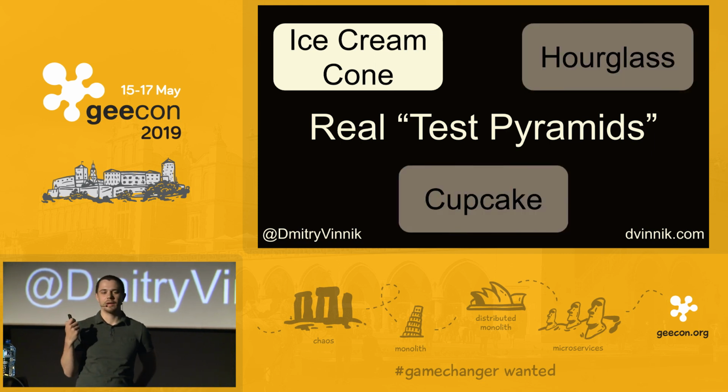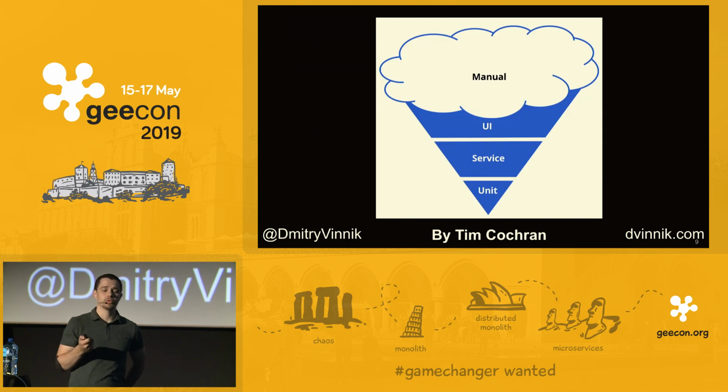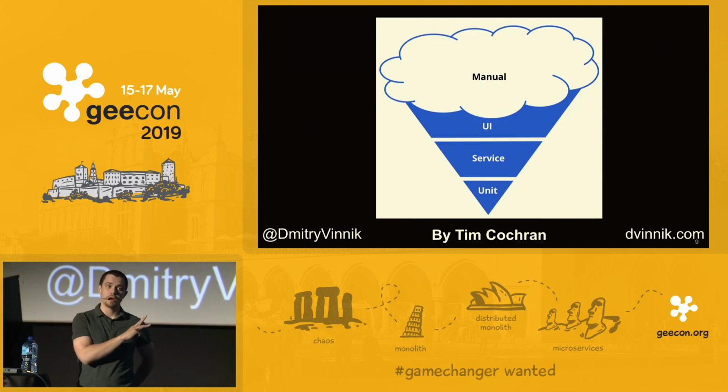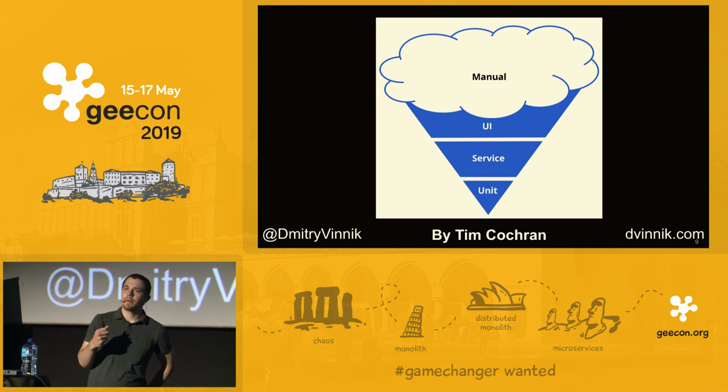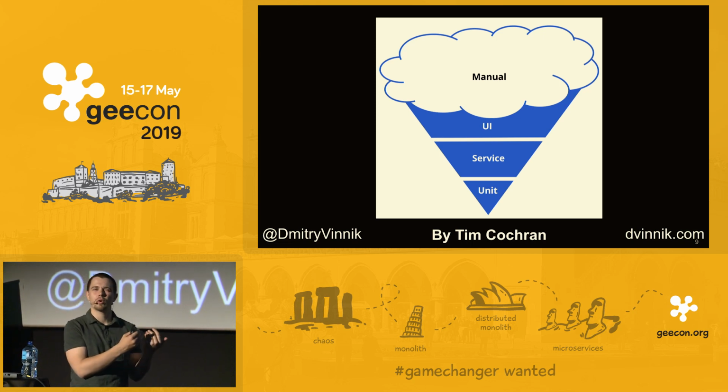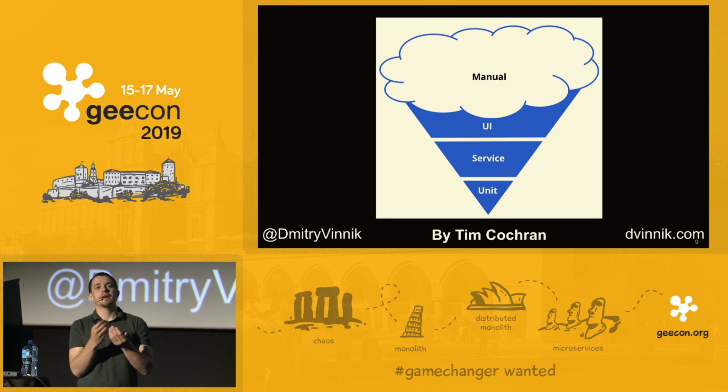If I look at the ice cream cone, the one I see the most, here's an example drawn by Tim Cochran in an article that I've linked in this slide, where you have the unfortunate situation of a very small number of unit tests, more service tests, or as I call them, integration tests, and the highest number of UI tests.